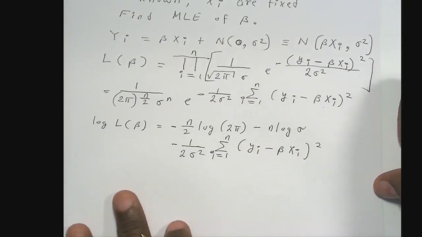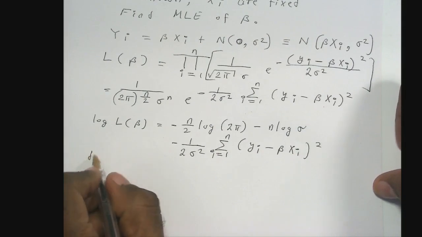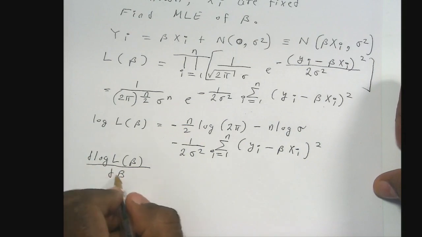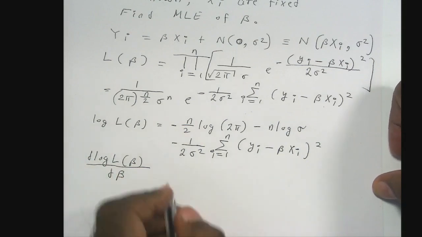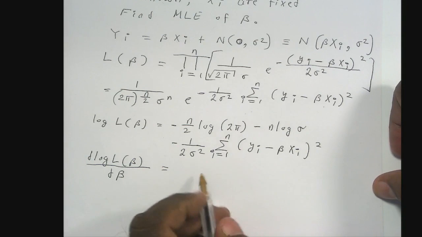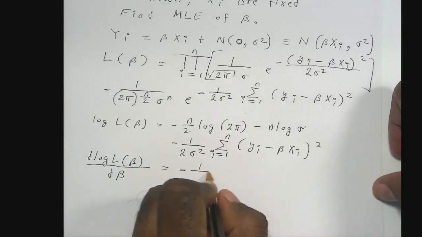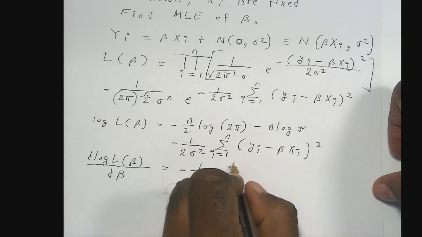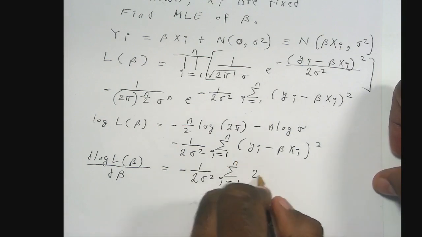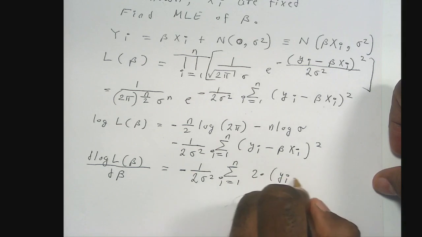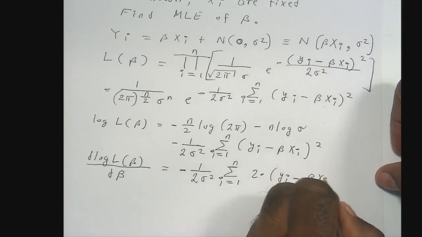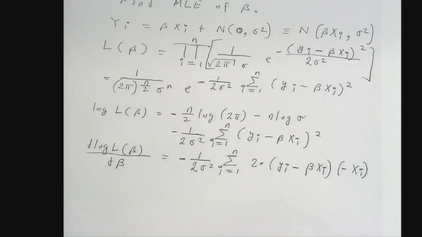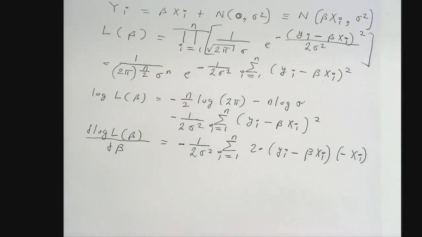Okay, and the next step, we have only one parameter, so we just differentiate the log with respect to the parameter which is beta. Now when you differentiate, you get 2 times, okay, this is what you should get when you differentiate with respect to beta, right?